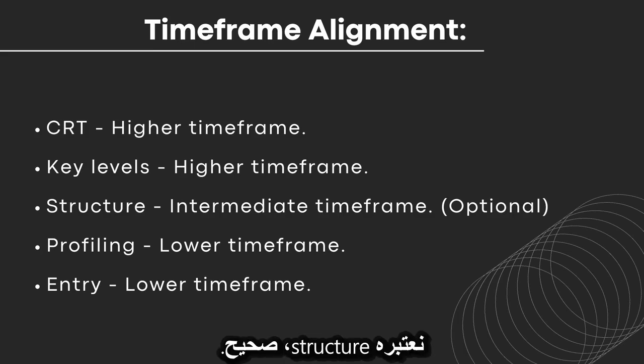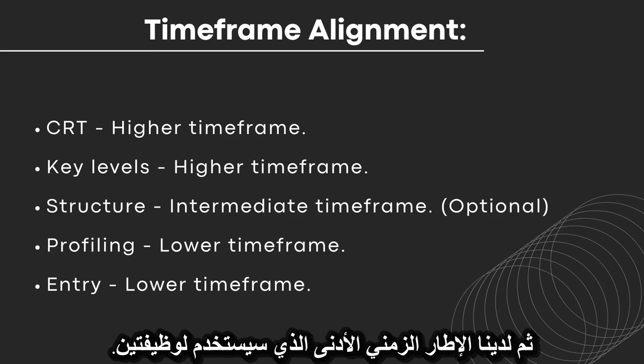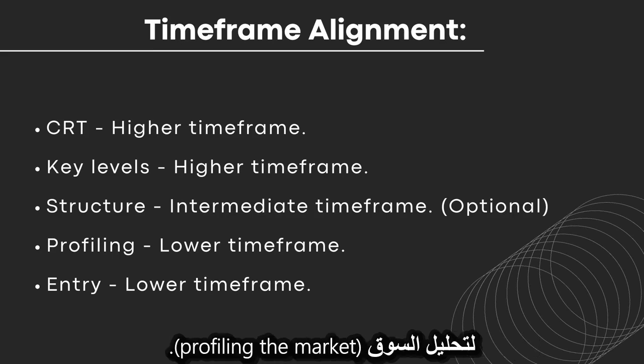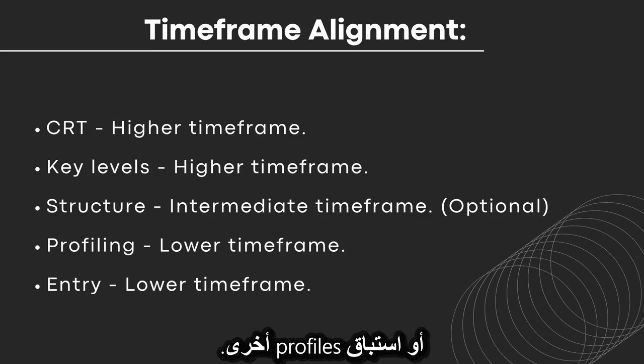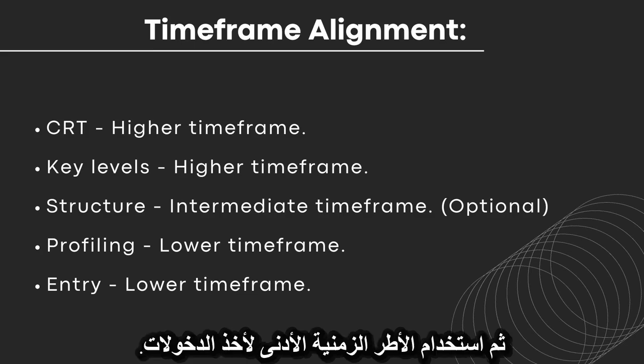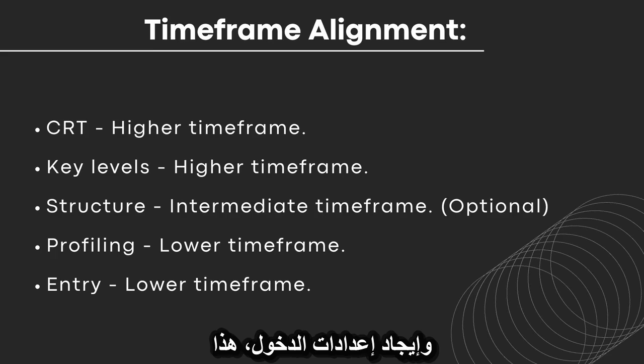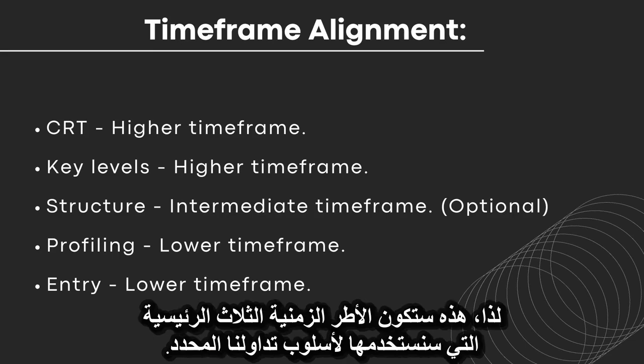Then we've got the lower time frame, which will be used for two functions: for profiling the market, meaning using market profiles to anticipate other profiles, and then for taking entries and finding entry setups. That's where you're going to execute your trades. So these are going to be the three main time frames we'll use for our particular style of trading.